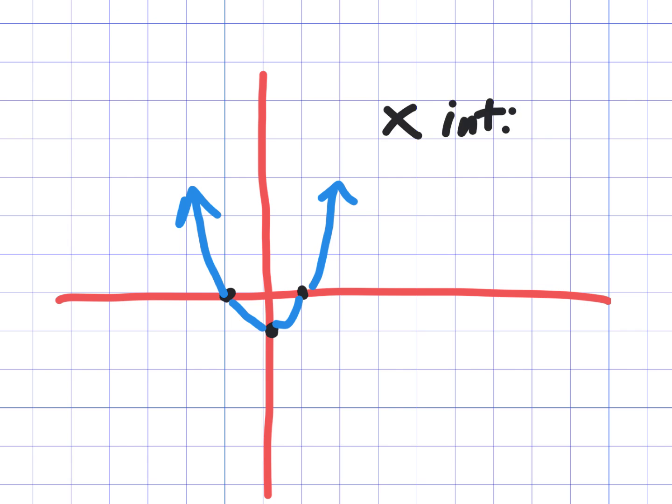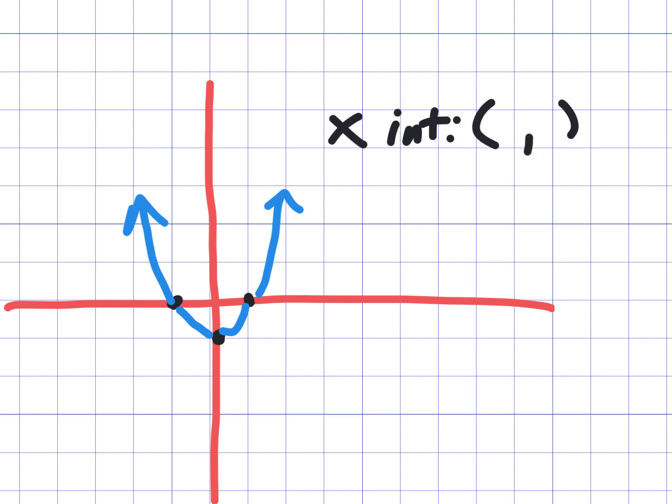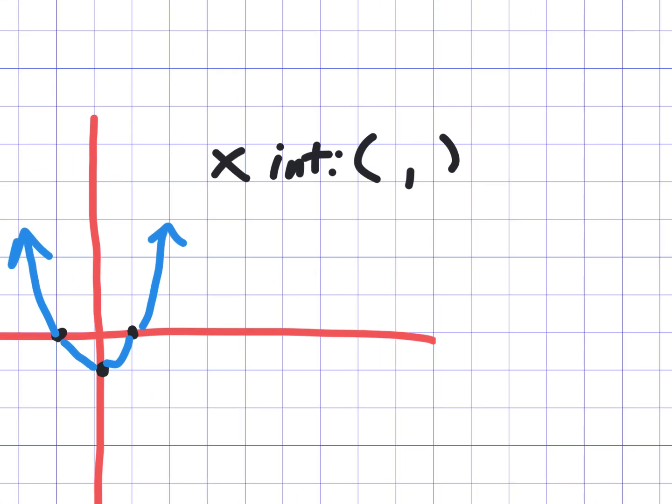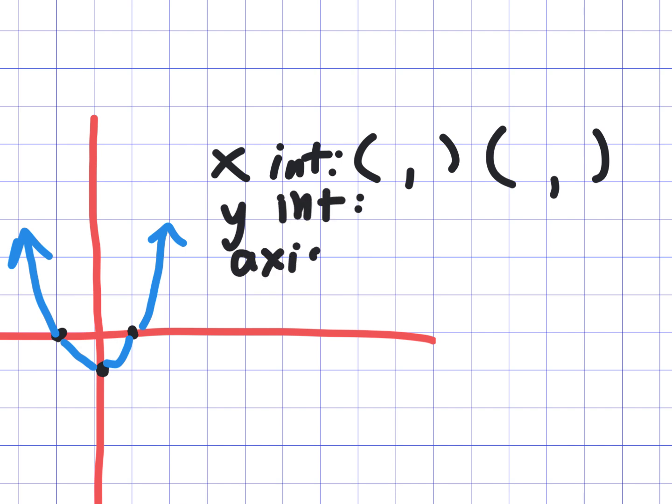Hint, make them as a point. And there's 2 of them, almost always 2 x-intercepts. The y-intercept. Axis of symmetry. And last but not least, the domain and range. Let's do this one together. You guys give it a shot.